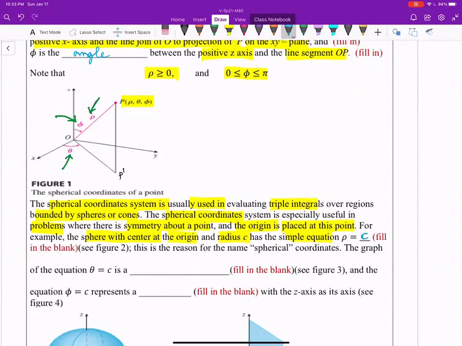This is the reason for the name spherical coordinates. Just like a cylinder has a very simple equation r equal to c in cylindrical coordinates, in spherical coordinates a sphere can be represented as rho equal to c.